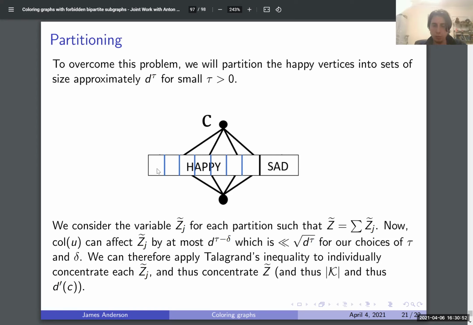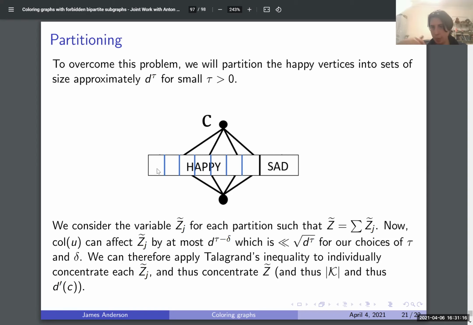And then as we said before, Z tilde was related to K, the size of K. So we'll be able to concentrate the size of K, which was the number of these kept colors. And now we have U concentrated, we have K concentrated. If we put them together in a clever way, we get that D prime of C is concentrated.